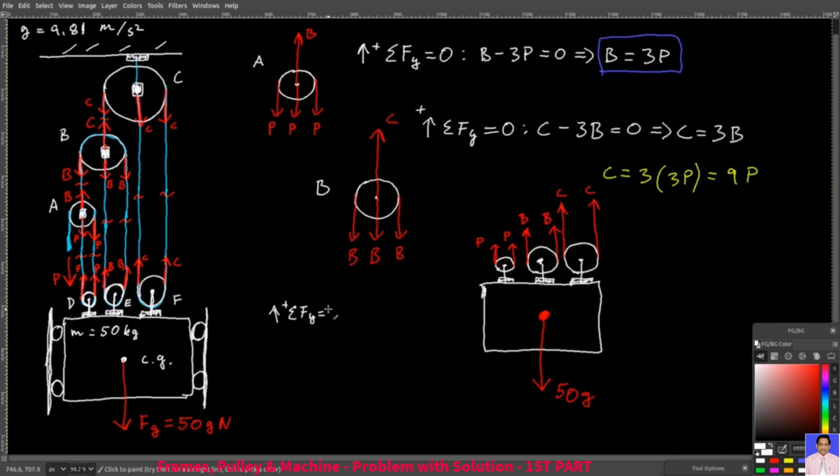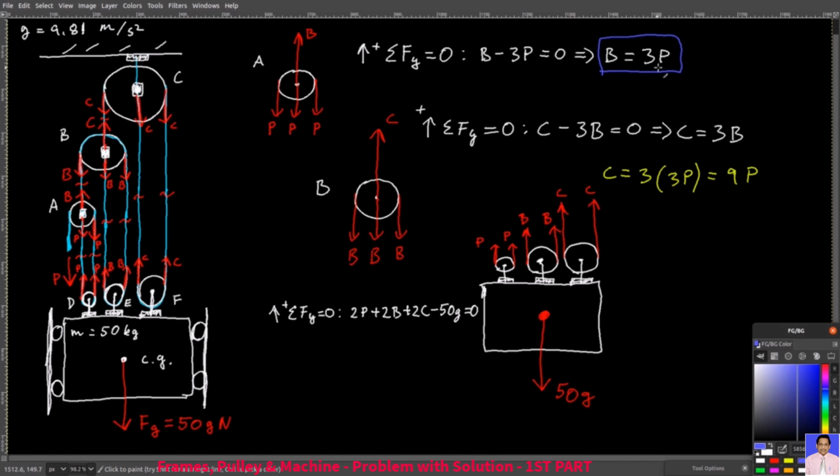All the forces in the y direction, their sum has to be 0. So you have 2 times P plus 2 times B plus 2 times C minus 50G equals 0.